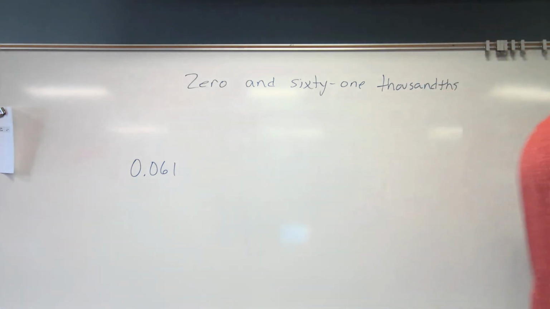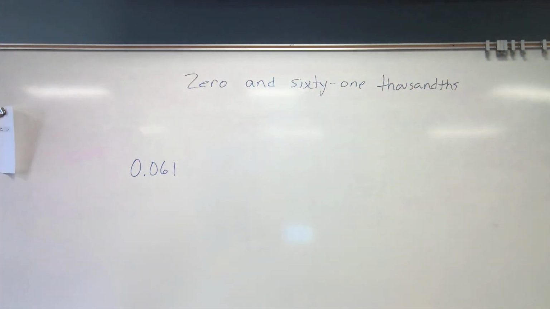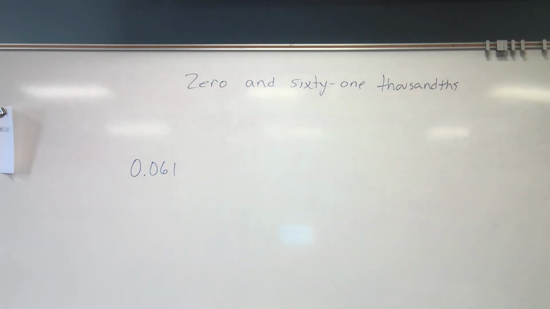Now you might also see people that just say 61 thousandths, and that's fine. You could say I have no dollars and 19 cents, or you could say I have 19 cents. It's the same thing. So 0 and 61 thousandths. Greatness. Thank you, Oren.